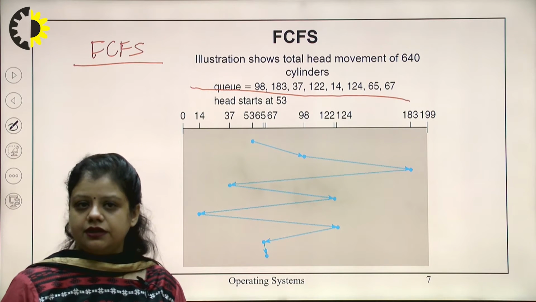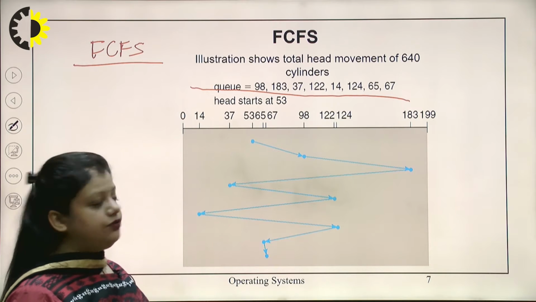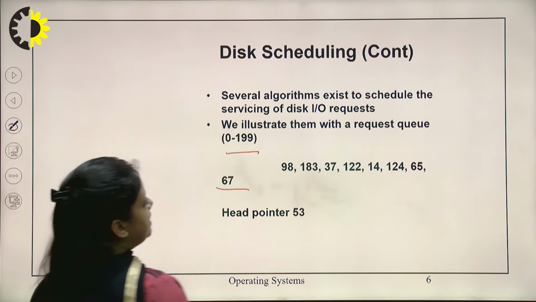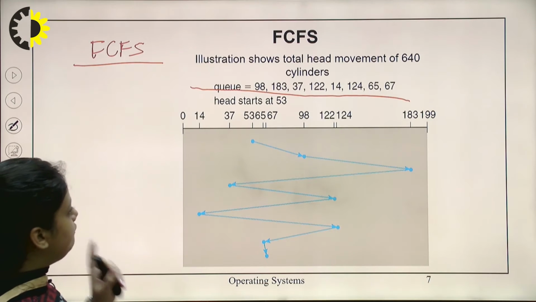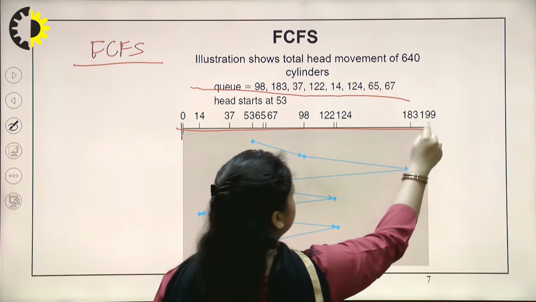and 67. So head starts at 53, and in the question it's already given the request queue is from 0 to 199. So we are drawing one number line, say from 0 to 199.